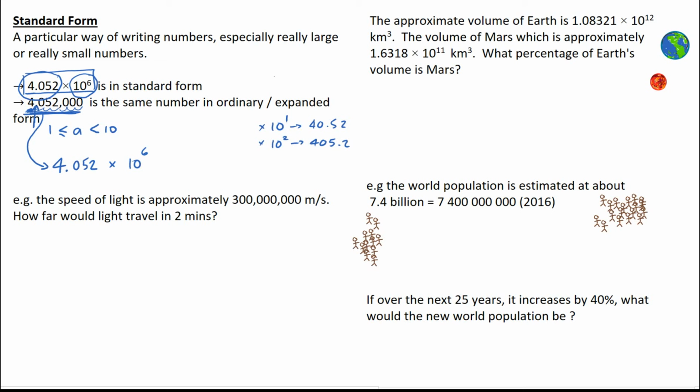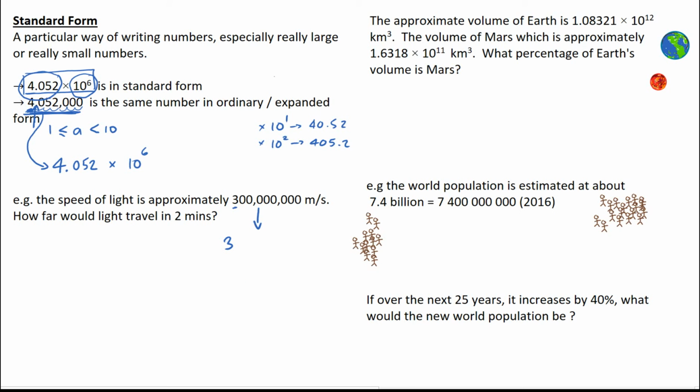Right, let's look at another example. We've got the speed of light here. It's approximately 300 million meters per second. If we were to write that in standard form, our first part is a number between 1 and 10. Identify your first non-zero digit, which is 3.